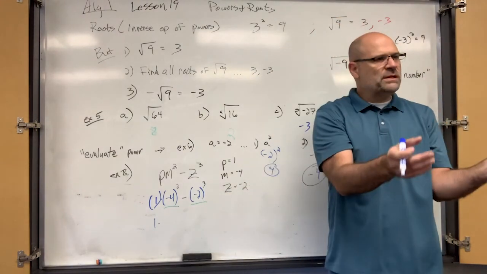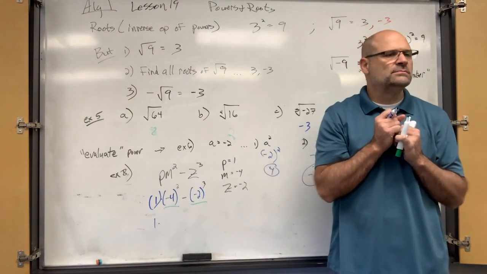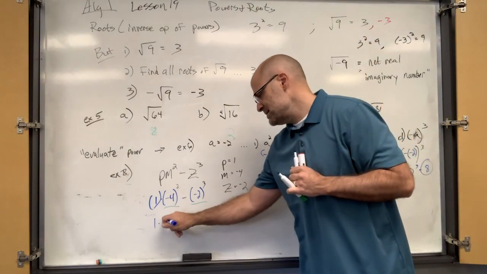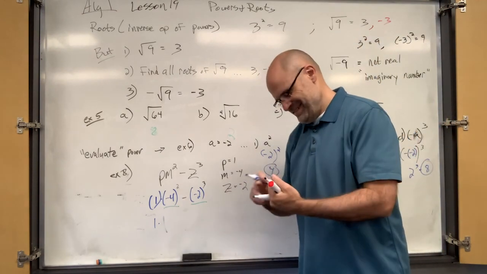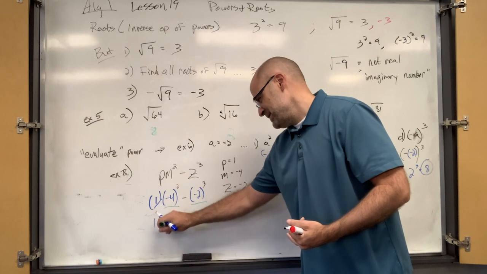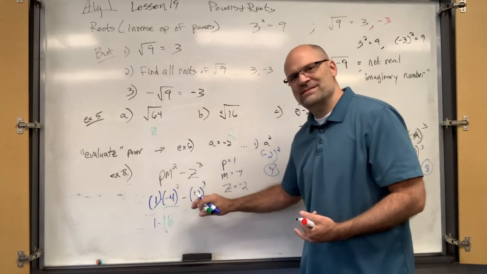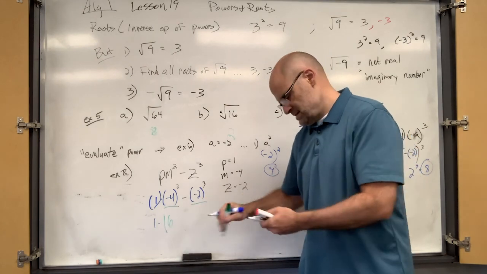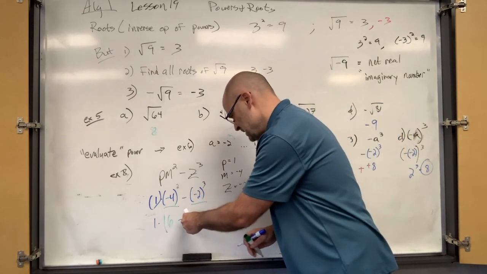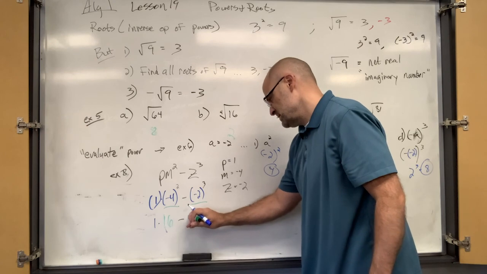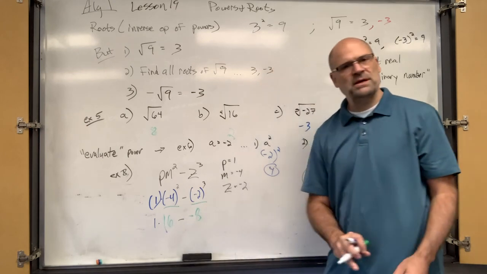What's (-4) squared? Positive 16. I got positive 16. This is minus -8. So that's where you get a plus positive 8.